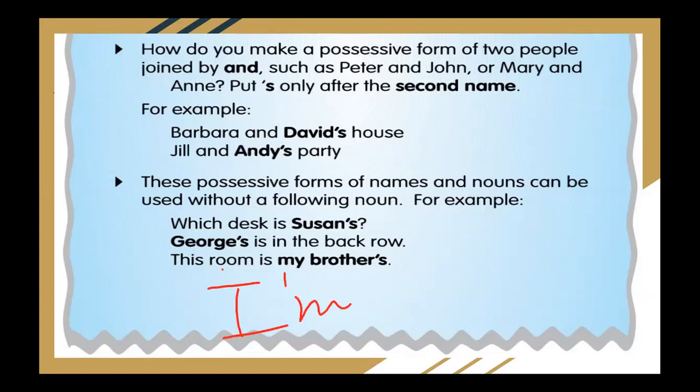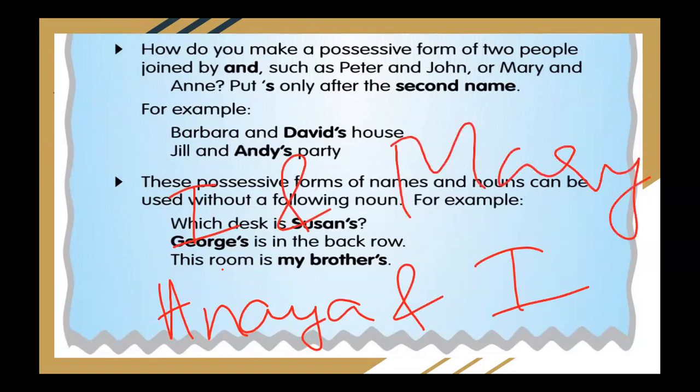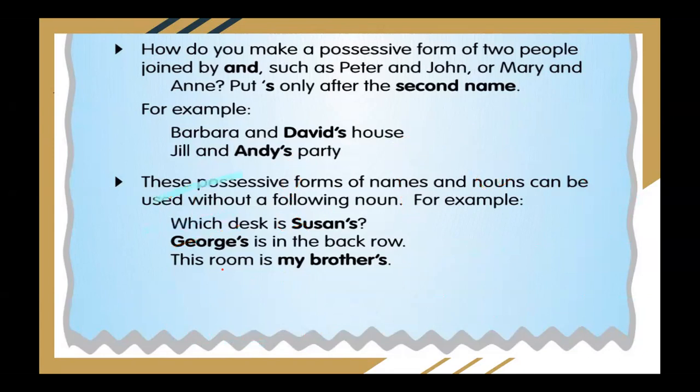But if you talk about yourself along with somebody else, then you say Anaya and I, or Rachel and I, right? You don't say I and Rachel or I and Mariam. हम ऐसे नहीं कहते, right? You first write the name of the other person, then you write your name.